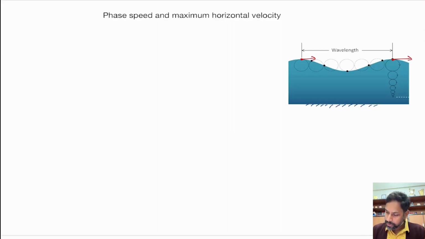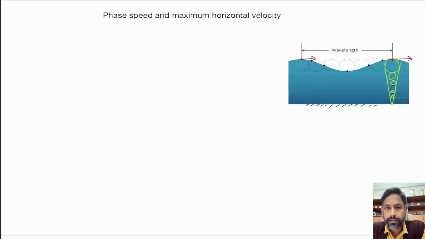But as we go down from the water layer, like here, you can see the effects slowly decrease. The effect that we have at the top is maximum, but as we go down, we slowly get a smaller and smaller effect of the wave, and as you go to the bottom, there is a chance that we get zero effect, and at the bottom we don't even feel any sort of velocity.